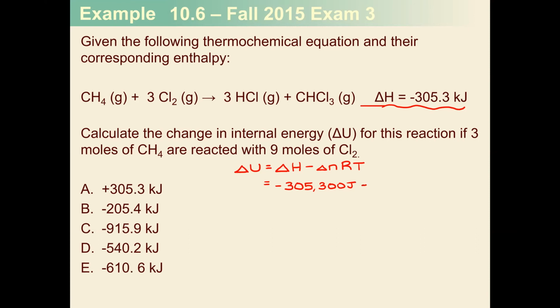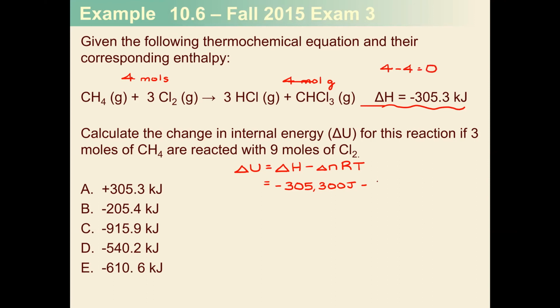So then let's go ahead and get our second term. And now we need to calculate the delta N. So in my products, you will notice that I have 4 moles of gas. If I look at my reactants, you will see that I have 4 moles of gas. So what does that mean? Well, if I do the math of 4 minus 4, I actually end up with a 0.